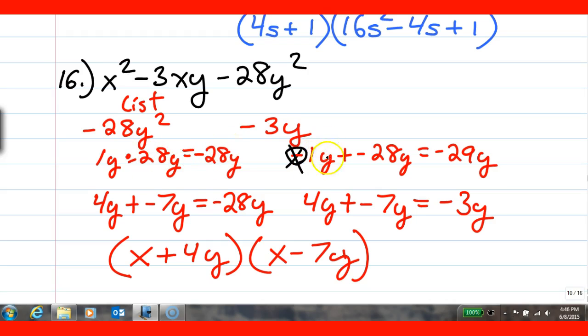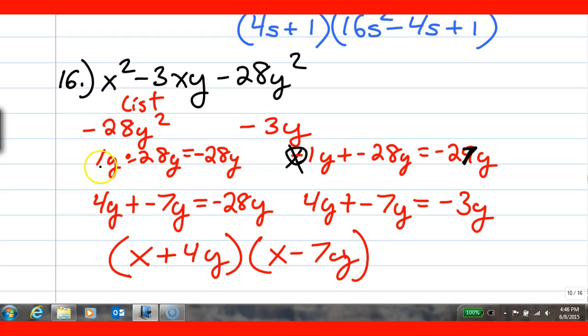Then a positive 1y plus a negative 28 will make a negative 27. So there's a minor error. And if you see this back on your review pages, you might want to correct that. But now I can see that the negative, so that I get a negative on the 3, has to go on the larger of the two numbers.